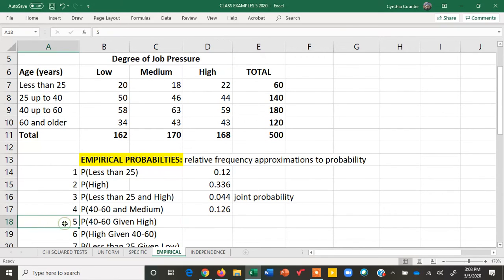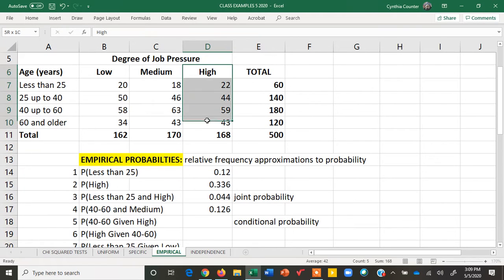Now this one we're looking at, the probability of 40 to 60 given high. Oh, we're given some information. So this is a conditional probability because the probability is based upon the condition the individual reported a high job pressure. So we are just focused on this single column.